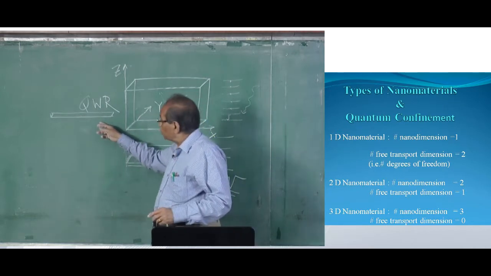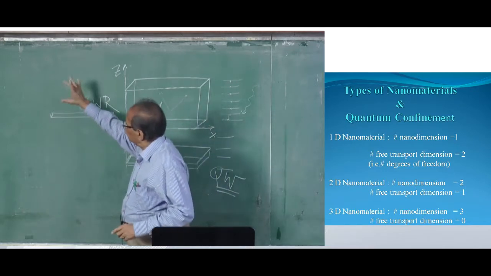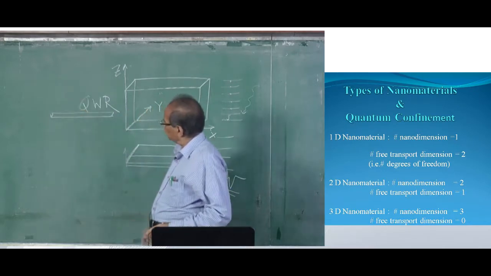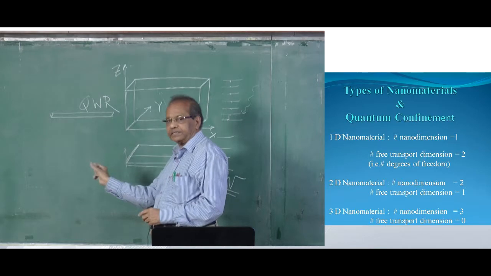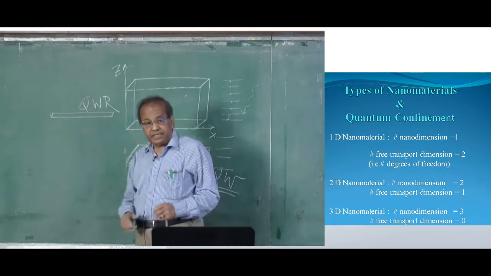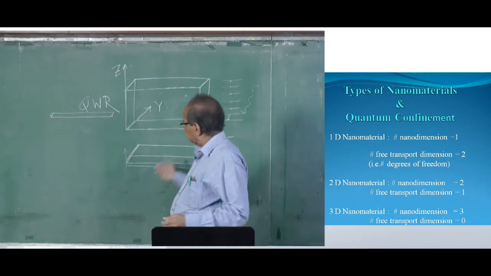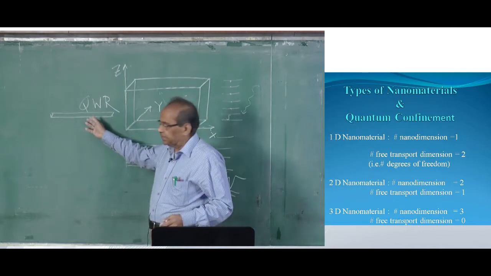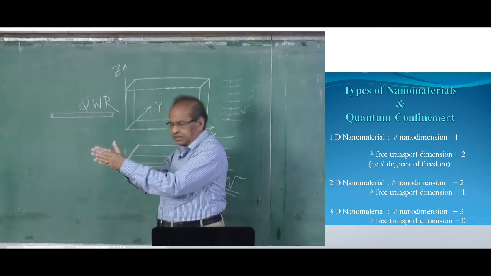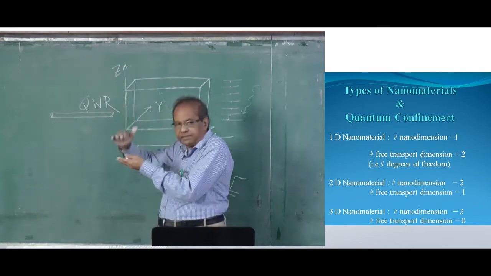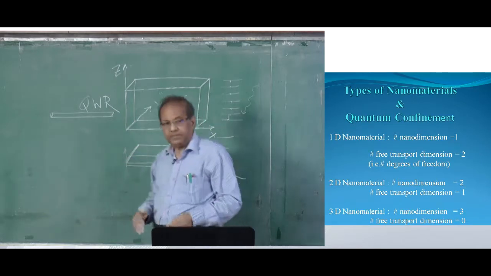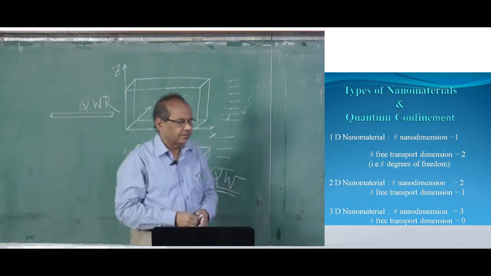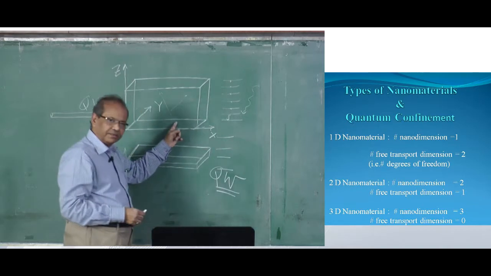So the motion is restricted in the z direction, and the motion is also restricted in the y direction. Obviously, the energy structure in the y direction and in the z direction will be drastically changed as compared to the bulk.